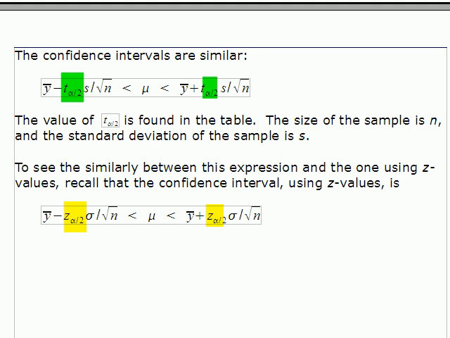And instead of pretending we know the population standard deviation, we write s here, meaning the sample standard deviation. You can find those t alpha over 2 values by looking in a table, or you can find them in R.